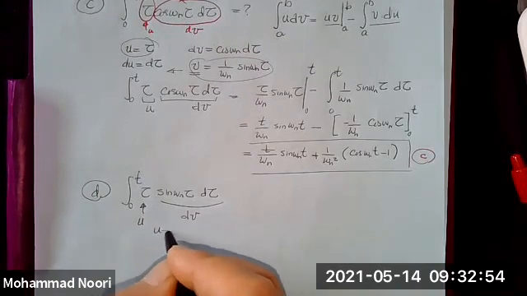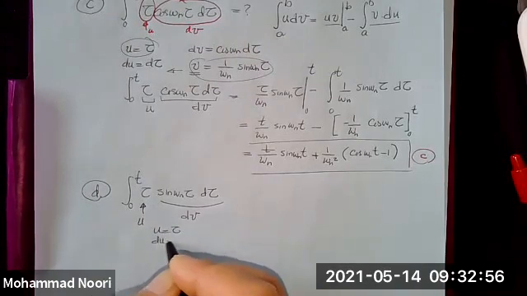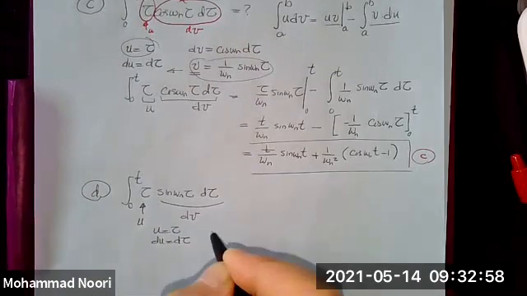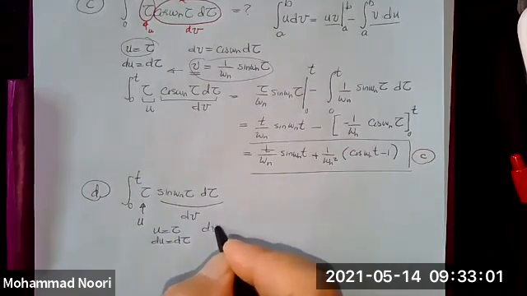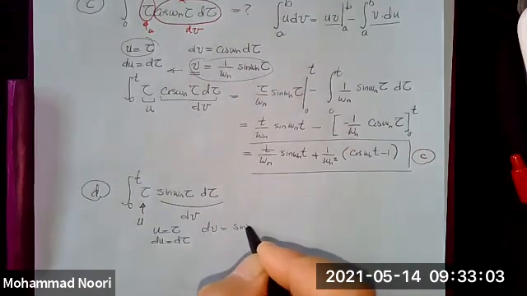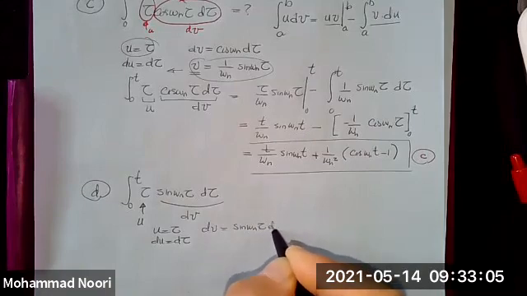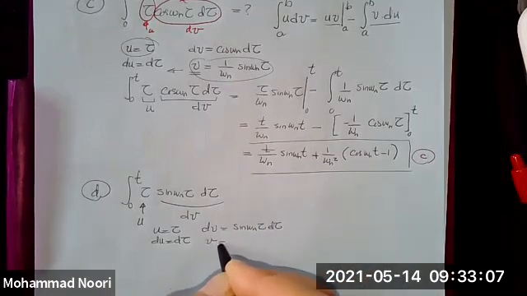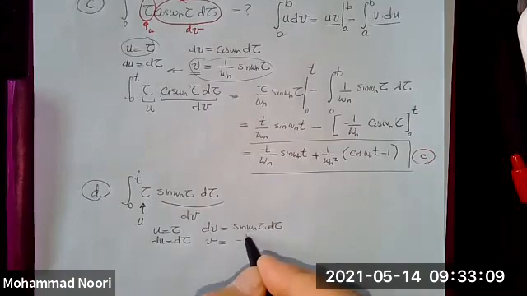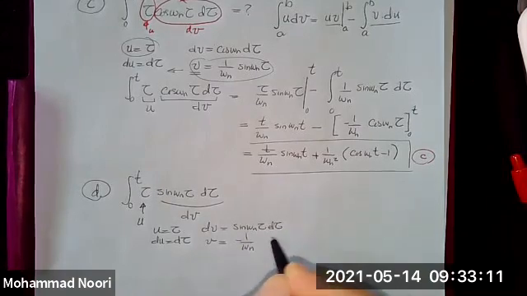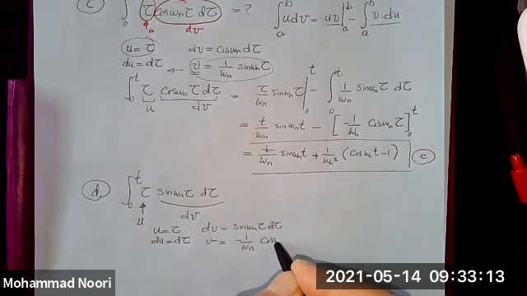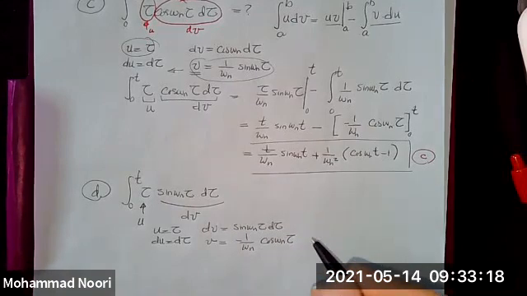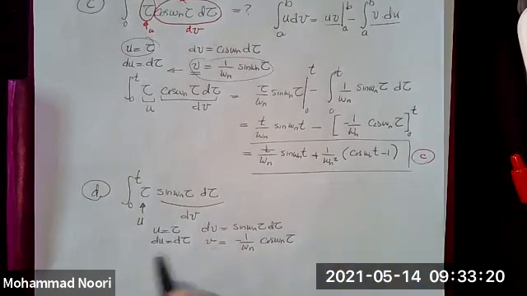So u is tau, du is d tau, dv is sine omega n tau d tau, and v would be negative 1 over omega n cosine omega n tau. Substitute again.